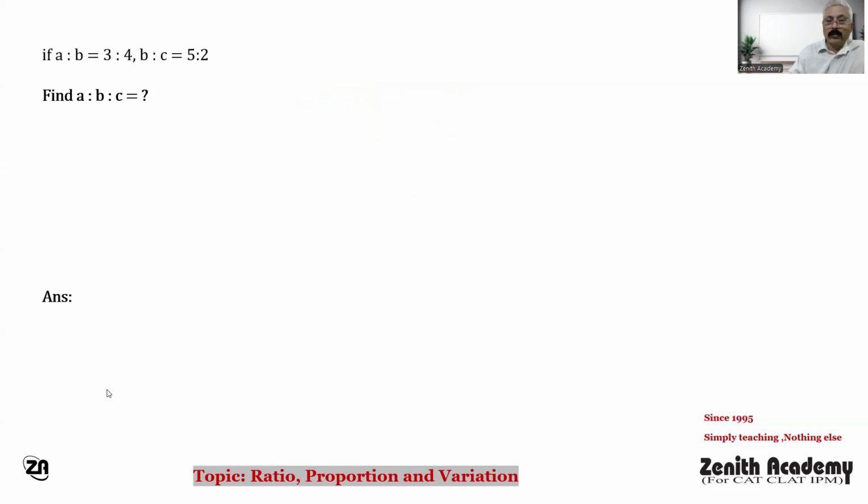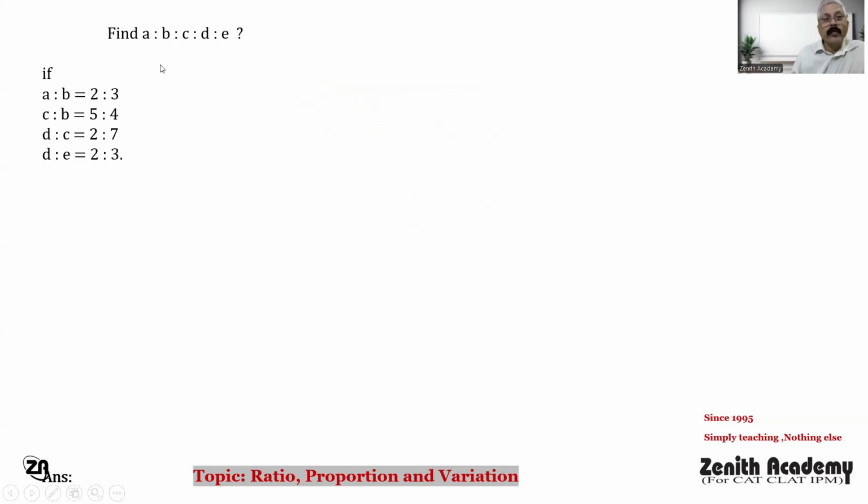Find A is to B is to C is to D is to E. If A is to B is 2 is to 3, C is to B is 5 is to 4, D is to C is 2 is to 7, D is to E is 2 is to 3. So look here. A is to B is 2 is to 3.